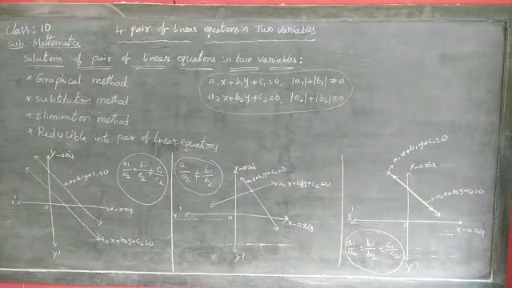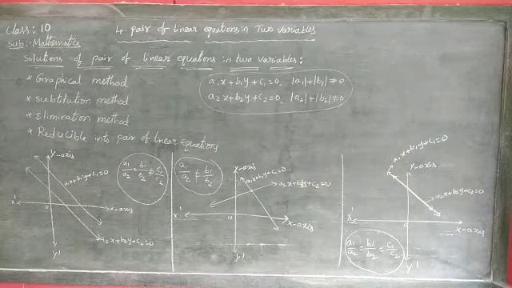First we can go for the first one. Yesterday we discussed comparing the coefficients, and we check a1 by a2, b1 by b2, c1 by c2. If a1 by a2 is equal to b1 by b2 but not equal to c1 by c2, the system is inconsistent. You can't find the solution. Then you can go for the graphical method and verify that the given lines are parallel. That's why you can't find the solution.